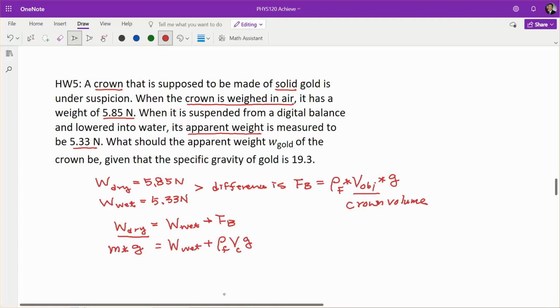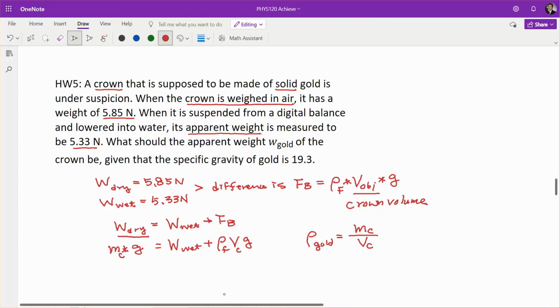What about the volume of the crown? Well, the crown has a density, and this density is the density of the gold. The density of the gold is equal to the mass of the gold divided by the V of the crown. So this is the crown mass, and this is the crown volume.